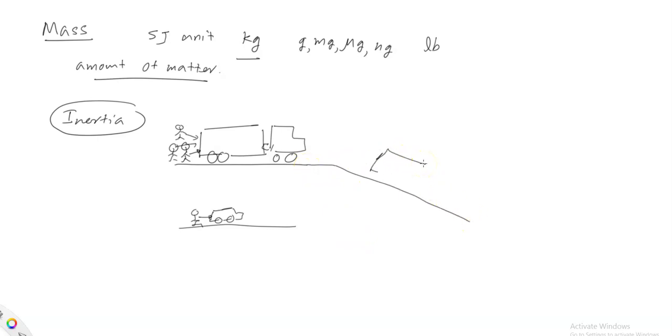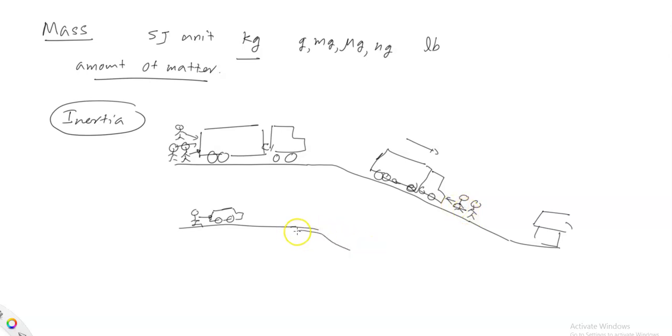All right, it's coming down. Now you want to stop the truck because let's say there is a house. It will be really difficult to stop this also. You have to come from this side and give it a push in the opposite direction. That's going to be really difficult.